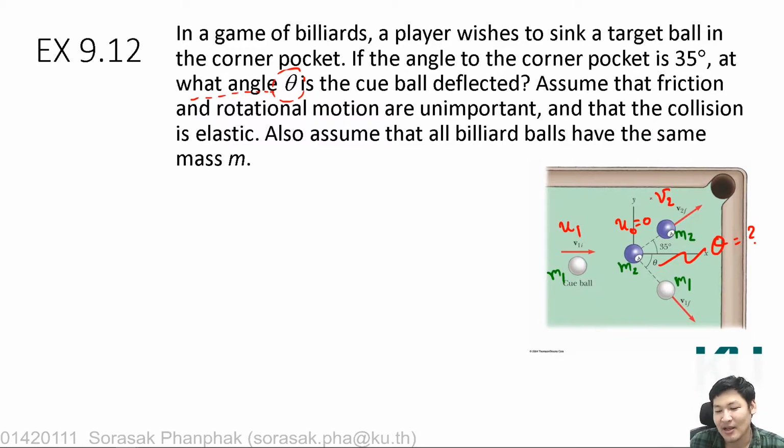So you make all the colors into the hole except the cue ball, or the white ball. And we assume in this case that there's no friction and no rotation yet. We will learn about angular momentum and rotation later.